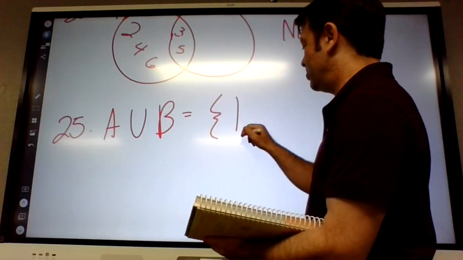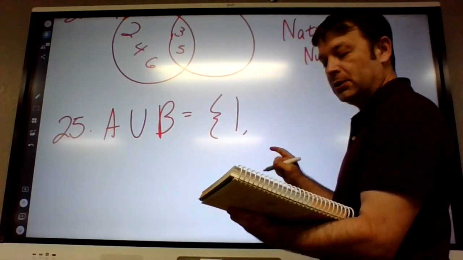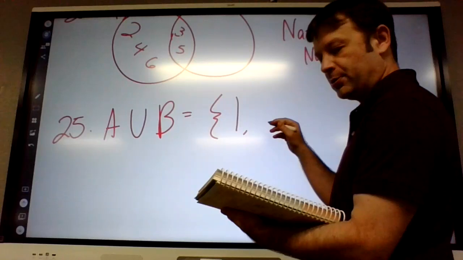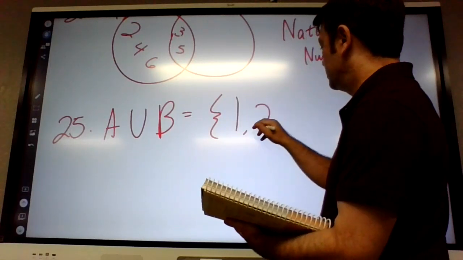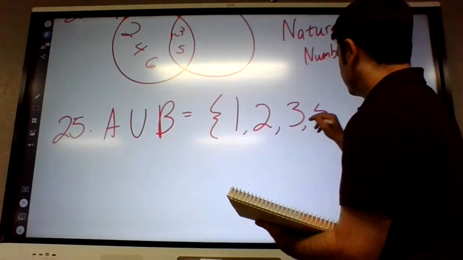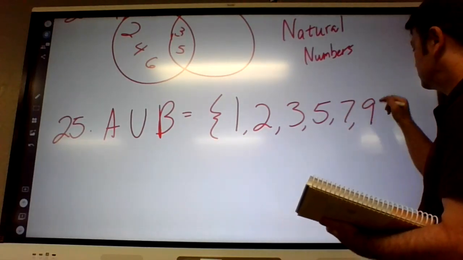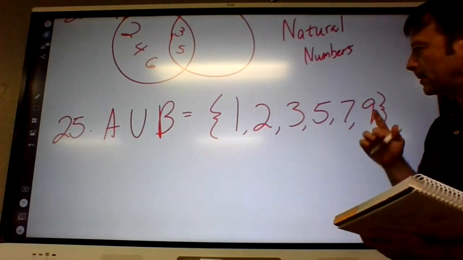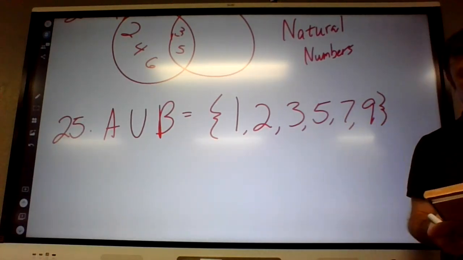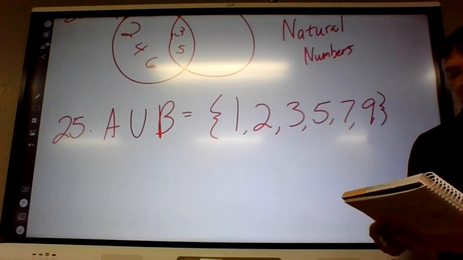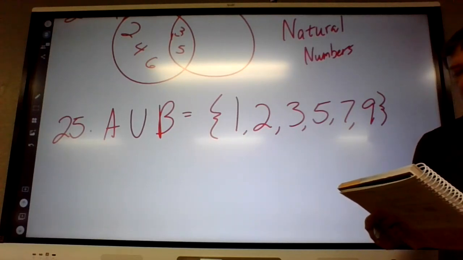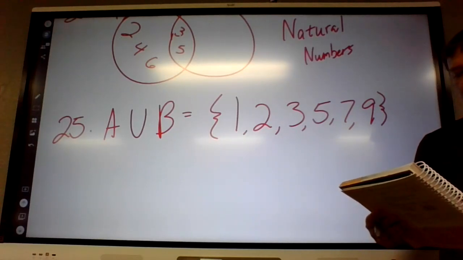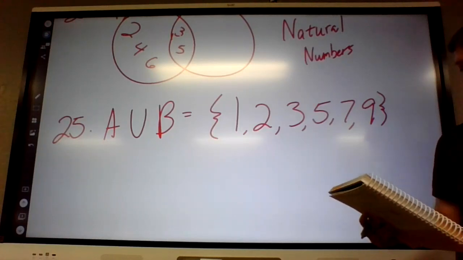I'm going to put them in order, not that it really matters, but so we have 1, 2, 3, 5, 7, 9. Did I miss any? One, two, three, 5, 7, 9. I think, yeah, that's all of them.